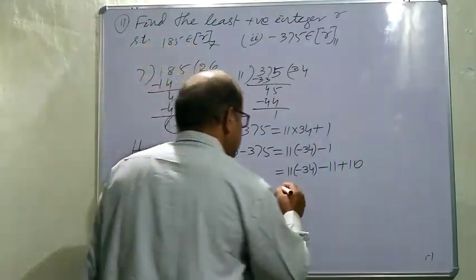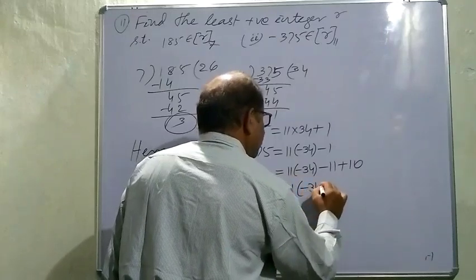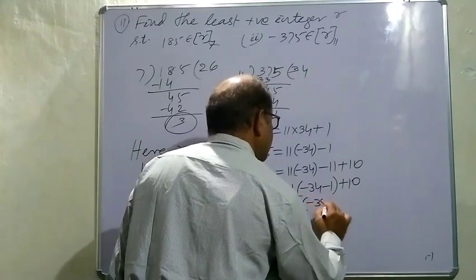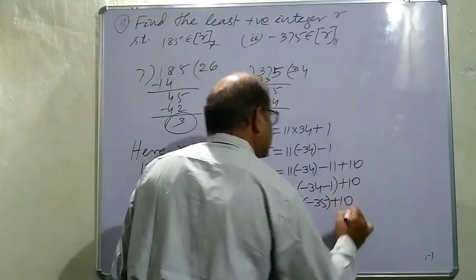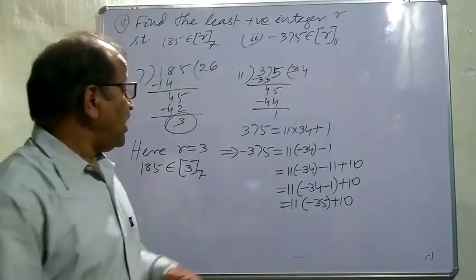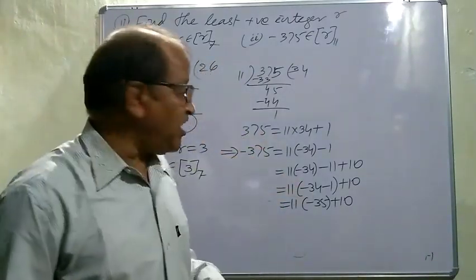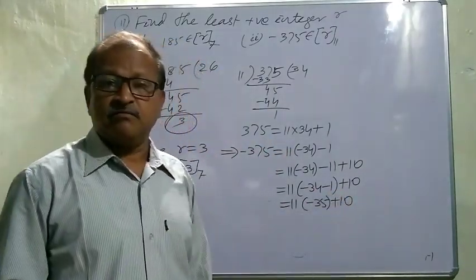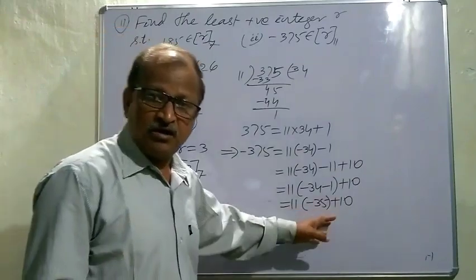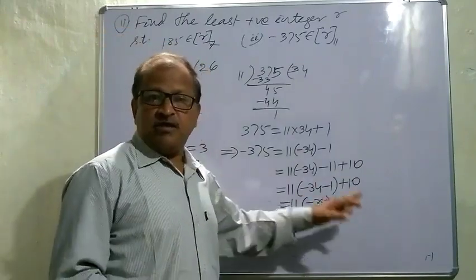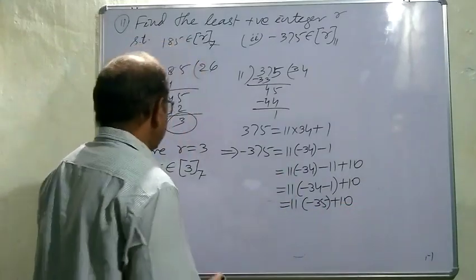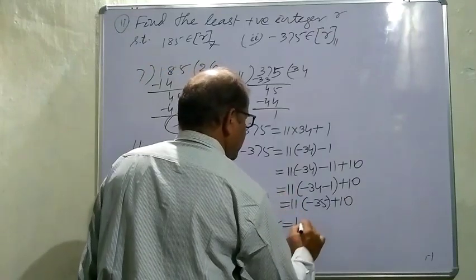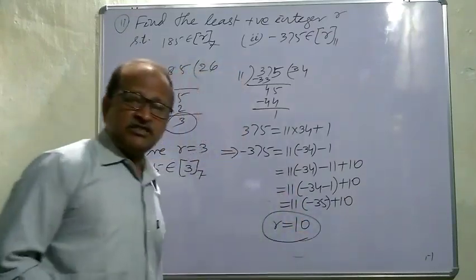So it is 11 into minus 34 minus 1 plus 10, that is 11 into minus 35 plus 10. So what is the remainder? When we divide minus 375 by 11, the remainder will be 10. In Oriya it is called Bhaga Shesha. The remainder will be 10, so here R is equal to 10. In this way you can find it.